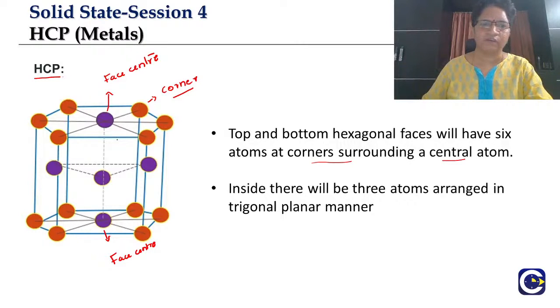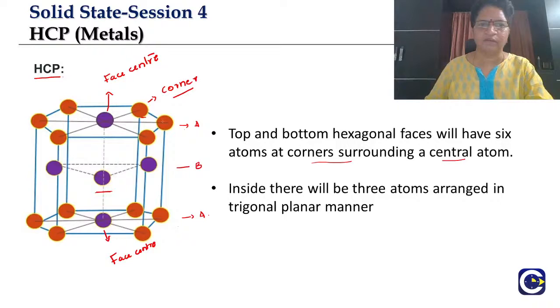So at the corners, if you consider this as one layer, this is another layer, and the same type of layer you will find over here. The top and the bottom will be of the same layers. In between, you will have a different layer. In the in-between layer, you will have 3 lattice points, which will not be shared by any other unit cell.